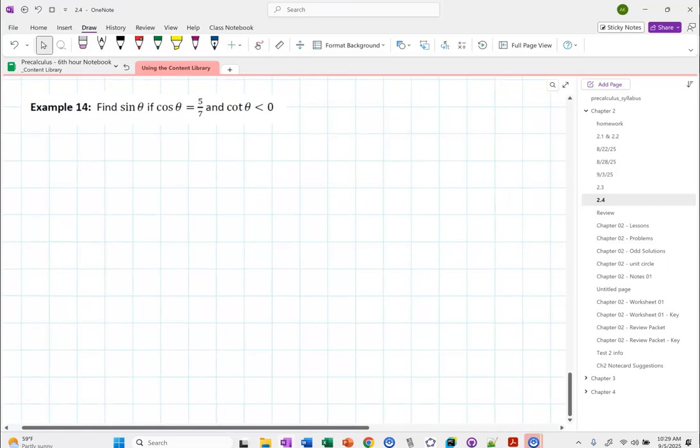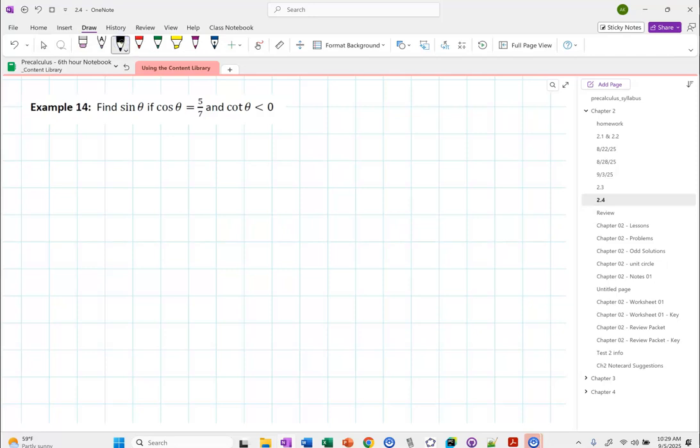It says, find sine theta if cosine is 5 over 7 and cotangent is negative. So my first order of business is going to be to draw a picture for my angle theta.